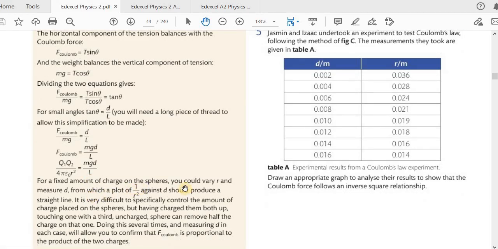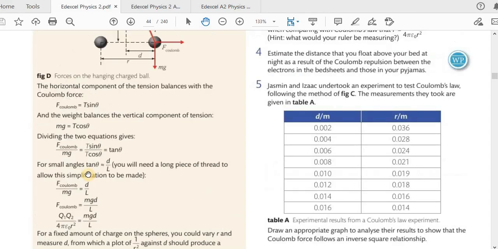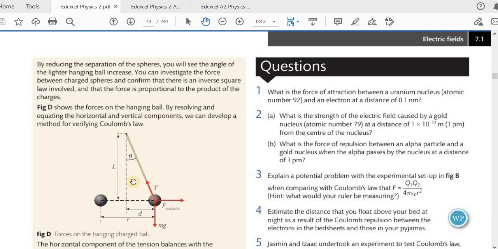For a fixed amount of charge on the sphere, you could vary r and measure d, from which you plot 1 over r squared against d. Now see, q1, q2, all of this 4 pi epsilon naught, all of that is constant. m is constant, g is constant, L is also constant, right?